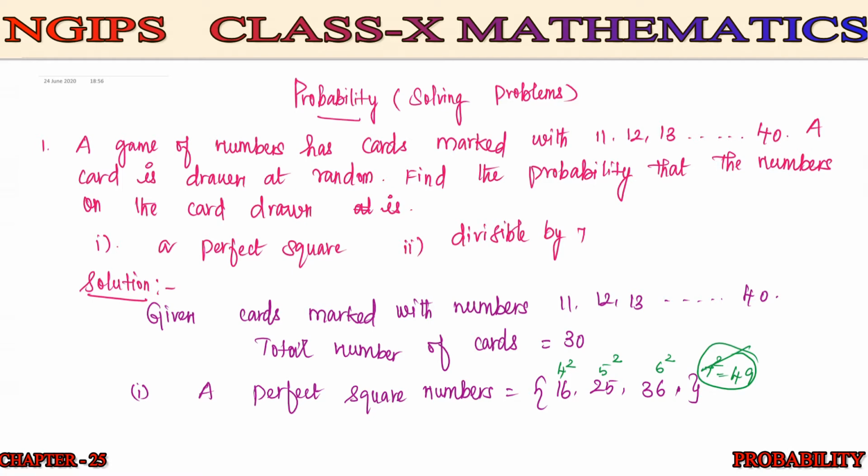Next, if you check the favorable outcomes, number of favorable outcomes is equal to, so here how many numbers we have? 1 2 3, so totally we have 3 numbers.